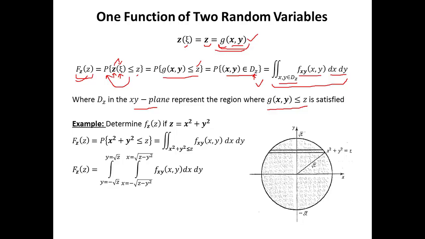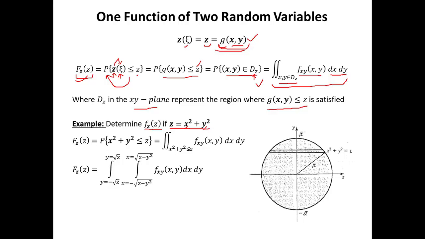For an example, let us consider the random variable Z given as X squared plus Y squared, which is generated by the two random variables X and Y, and we are asked to determine its distribution F_Z(z), or the capital F_Z(z).